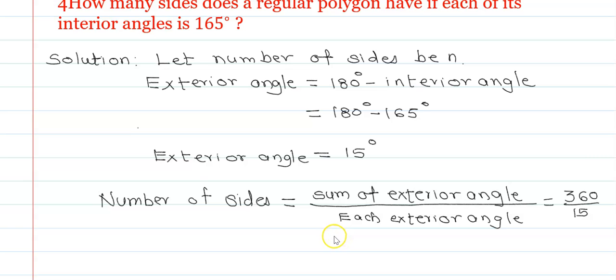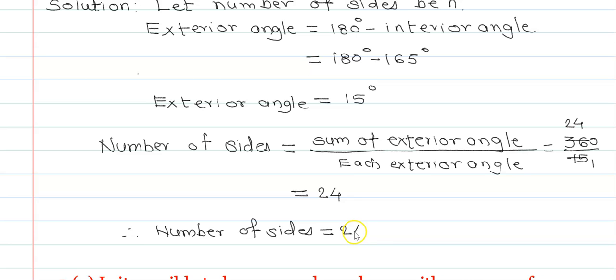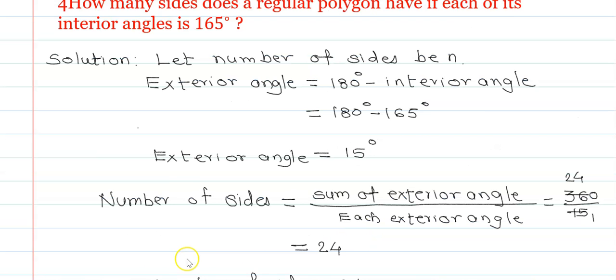Okay, and divide it, then you will get: 15 ones are 15, 15 twos are 30, 15 fours are 60, and that is equal to 24. Therefore number of sides is equal to 24. Okay, very easy question.